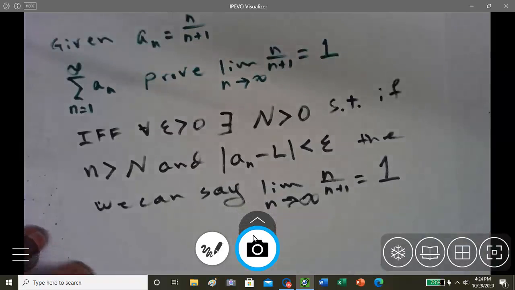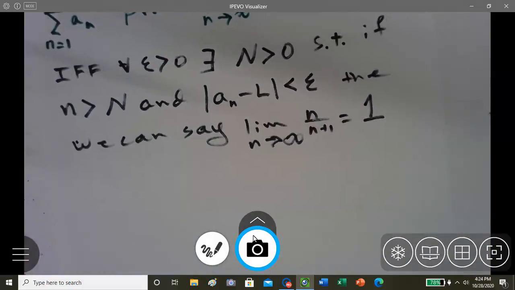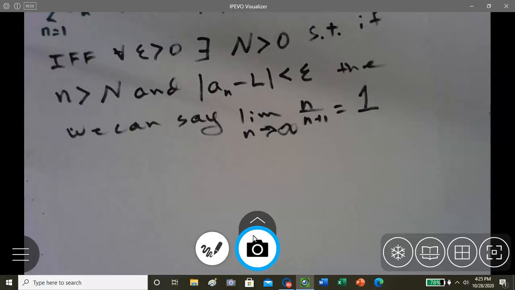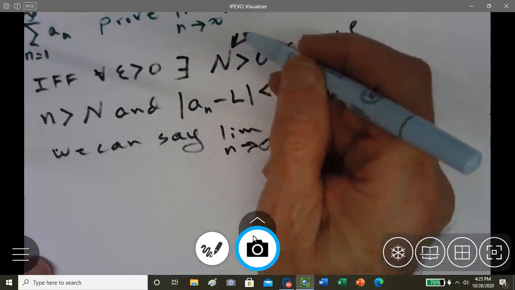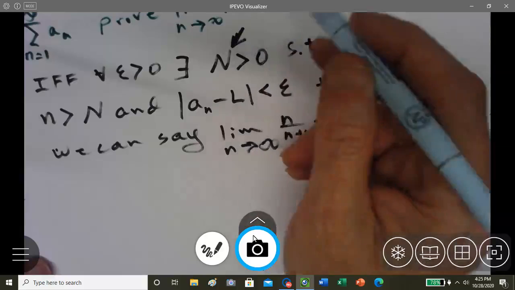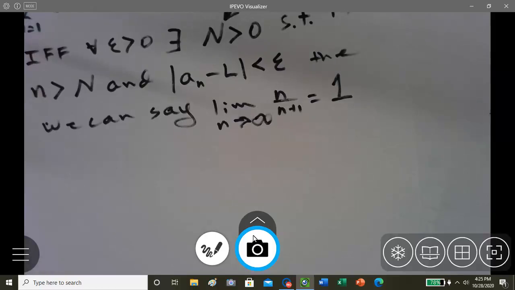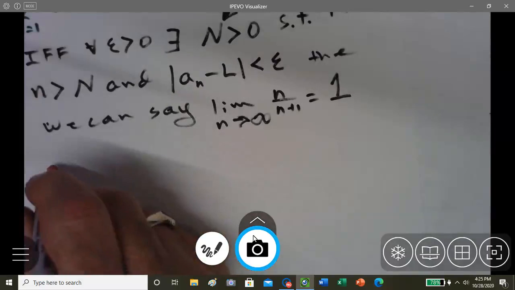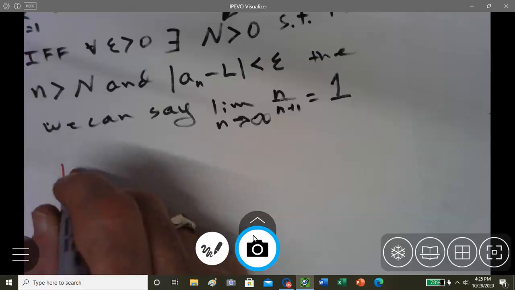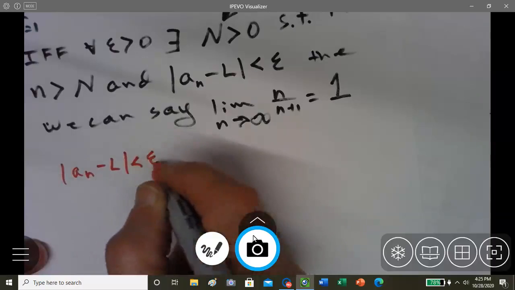So we have to ask ourselves, what has to happen for this statement to be true? To start with, we begin with scratch work. We have to find what this N is. Once we find what that N is, then we can go back and state our proof. So for our first step, we write this as the absolute value of a sub n minus L is less than epsilon.